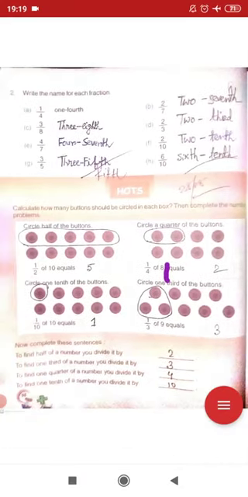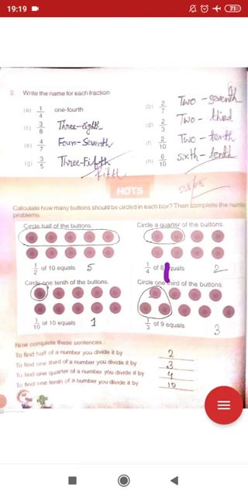Next C, 3/8. If we represent this fractional number, we get two words: three-eighths, add extra th after eight.